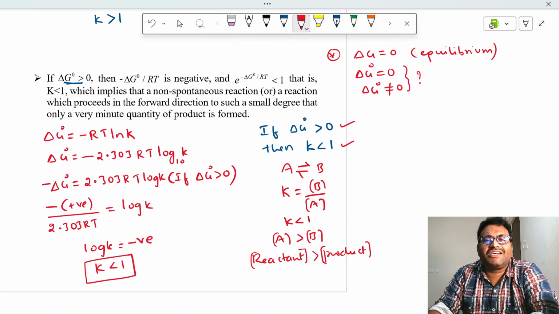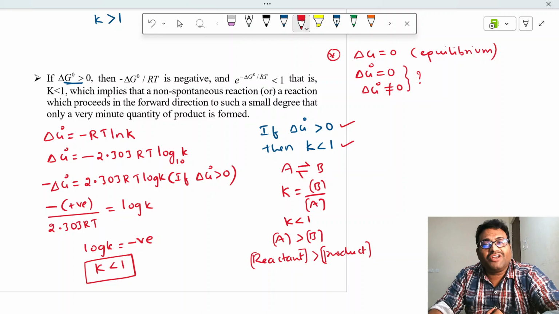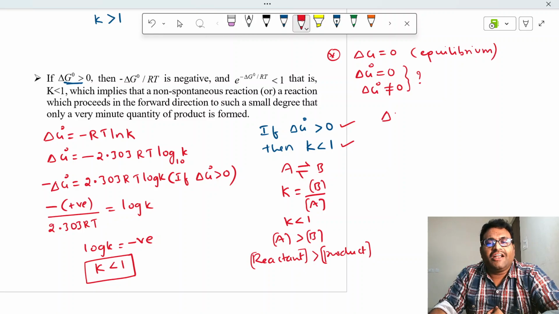Now we have just seen the formula that delta G naught is equal to minus RT, or otherwise you can substitute with minus 2.303 RT log K base 10.